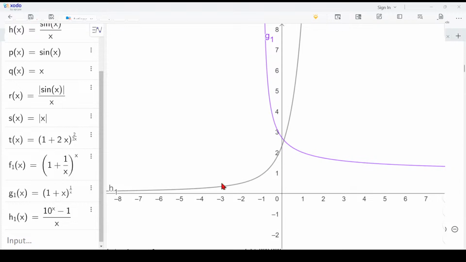Looks like at x equals 0, there is a hole definitely. There's a hole, but the function is looking smooth otherwise. So it looks like we can actually fill the hole. The limit exists, it looks like, right?